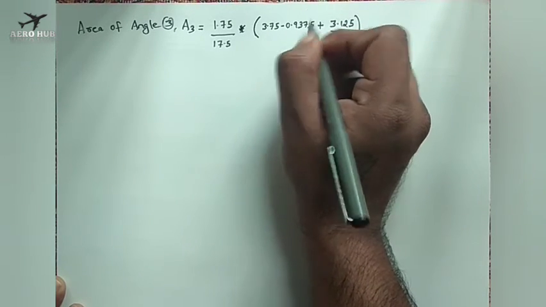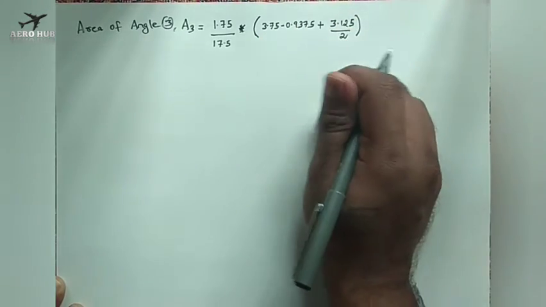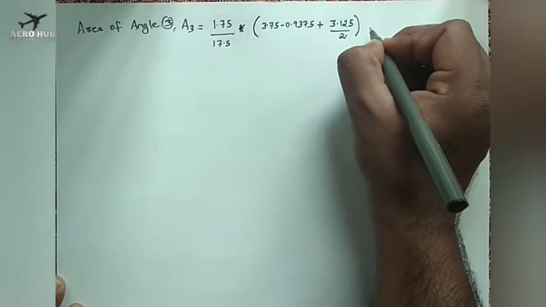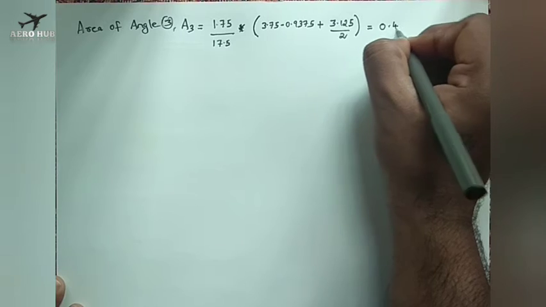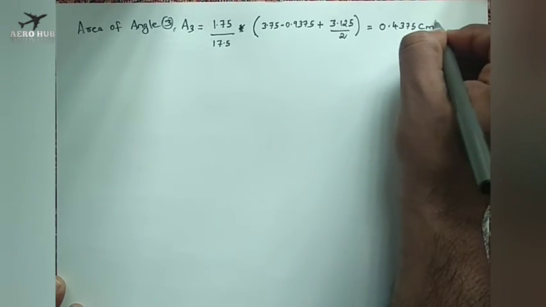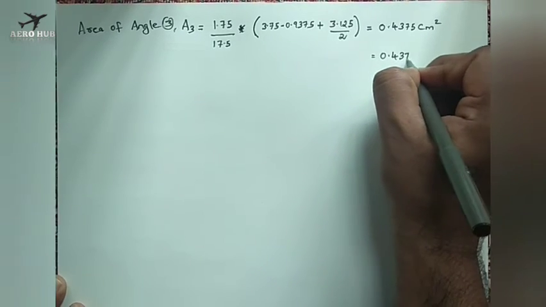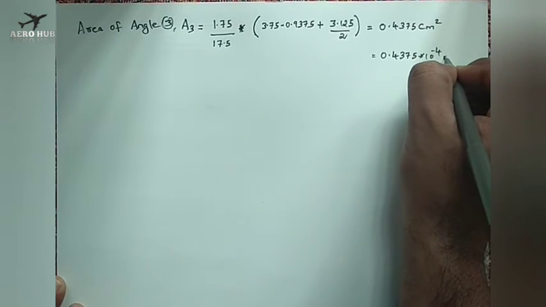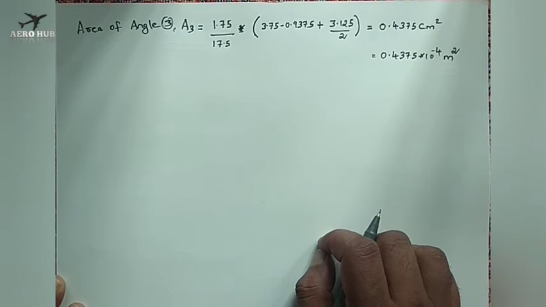We have subtracted each value with thickness by 2 to get the value of A and B. So here I'll be getting an answer of 0.4375 centimeter square. So this will be 0.4375 into 10 power minus 4 meter square. Okay, so we got the value of area.